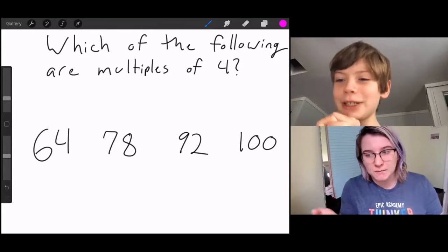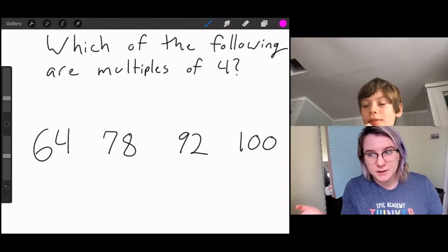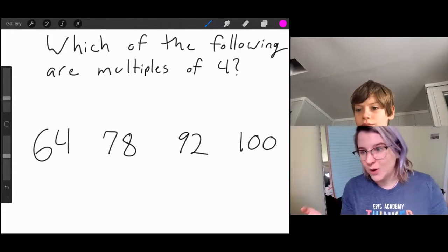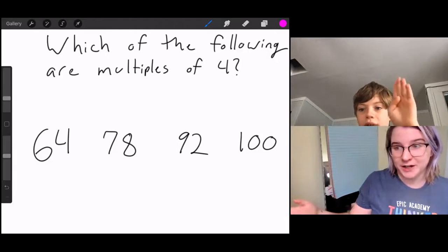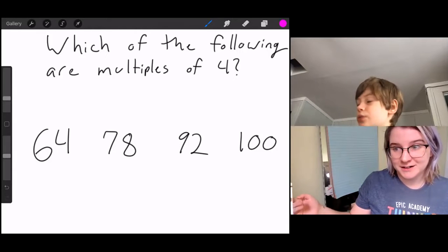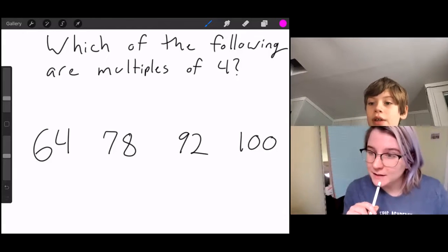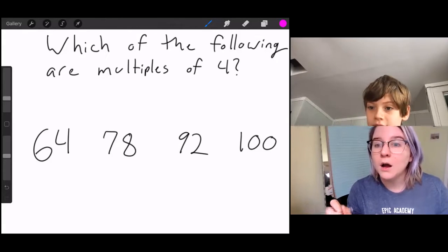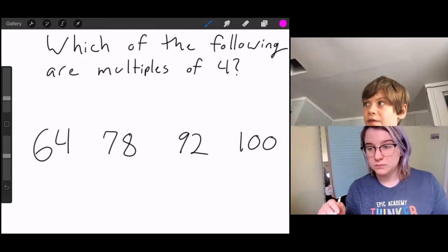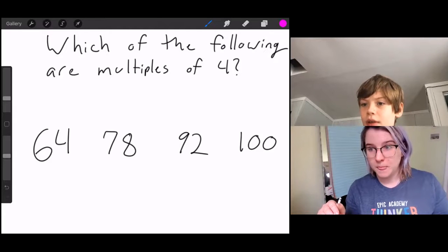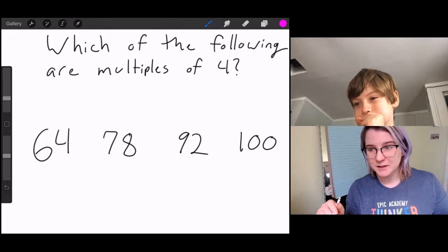Well, first off, what is a multiple of 4? What I would do in a situation like this is count up from 40. 44, 48, 52, 56. 56 is also a multiple of 4.